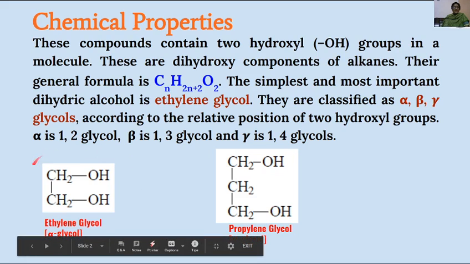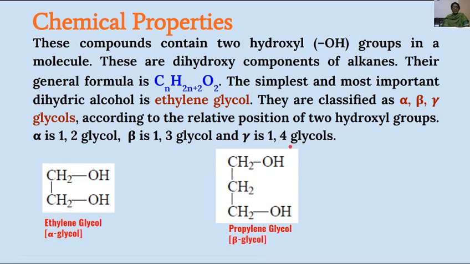So ethylene glycol is referred to as alpha glycol, where the position which bears the OH group is alpha with respect to this functional group. In propylene glycol, the position of the hydroxy is beta with respect to this functional group.